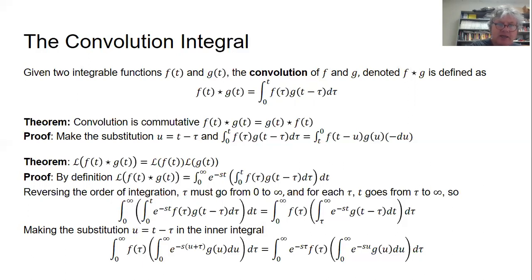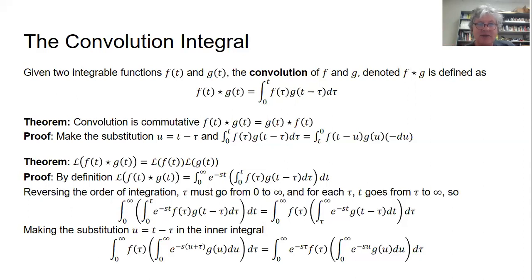And that's quite easy to show because, well, what is the Laplace transform of f convolved with g? Well, you just plug in the definitions of both the Laplace transform and convolution. So we get a double integral, and when you've got a double integral, the standard thing to do is reverse the order of integration.